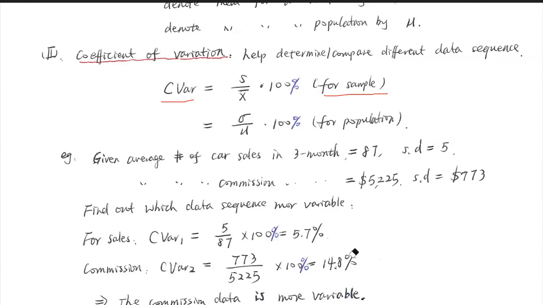Is that clear? Because 5.7 is less than 14.8, then what do we say? We say for this commission data sequence, every 3 months time frame, the corresponding commission, that data sequence is more volatile. So in other words, there is potentially more change, right?